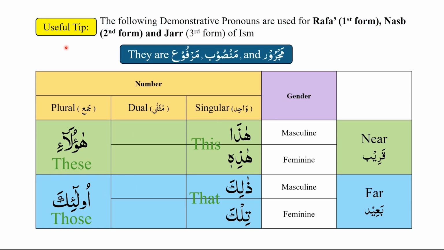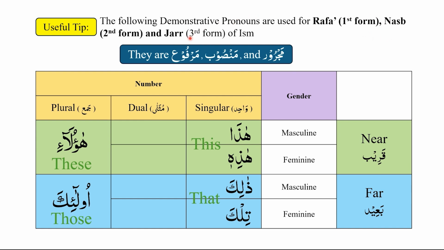An important tip to remember is that all of these demonstrative pronouns or asma ishara will be written and pronounced the same way whether they are in rafa status or first form, nasab status or second form, and jar status or third form.